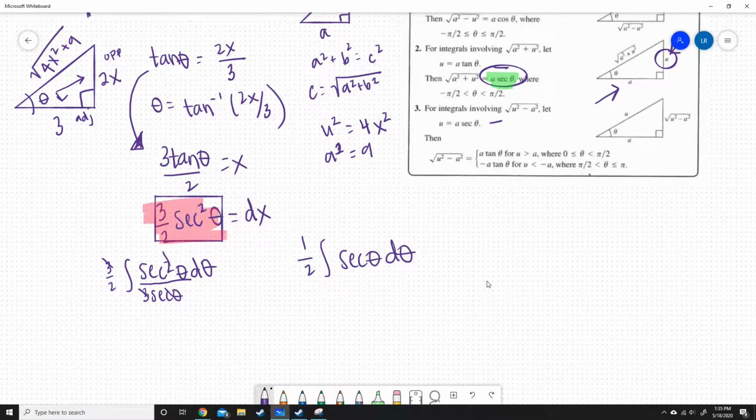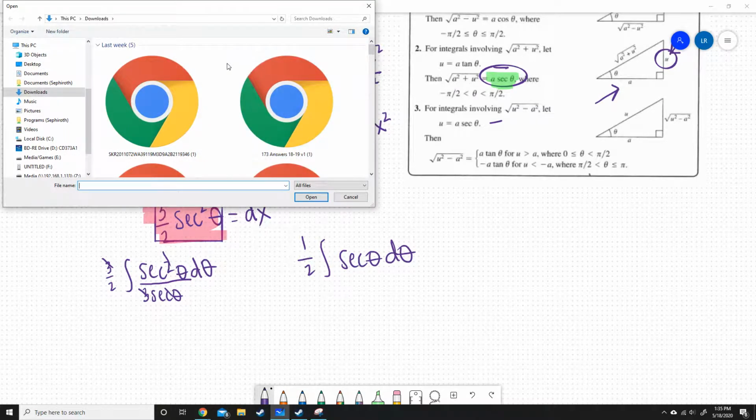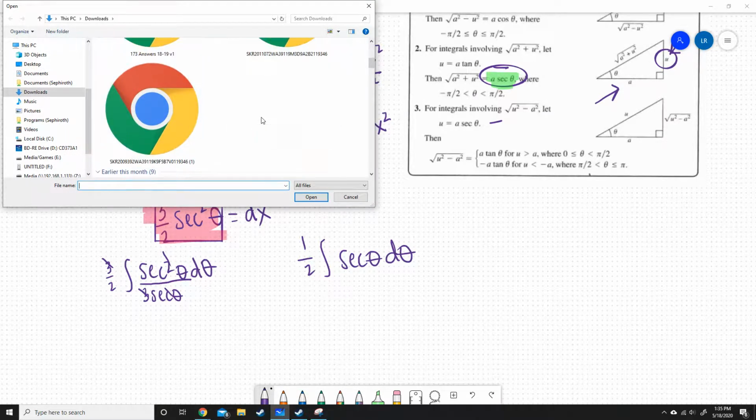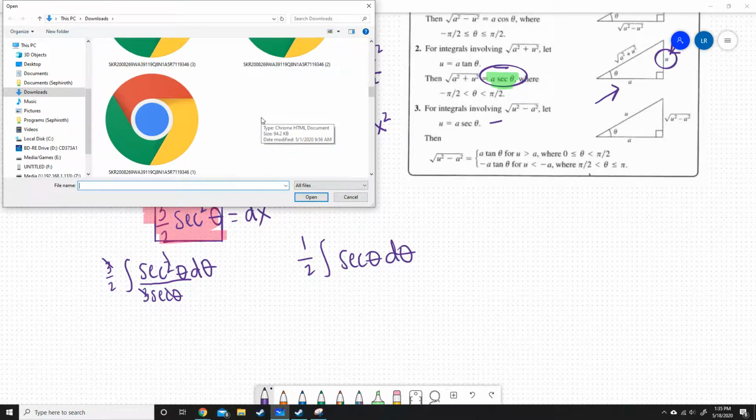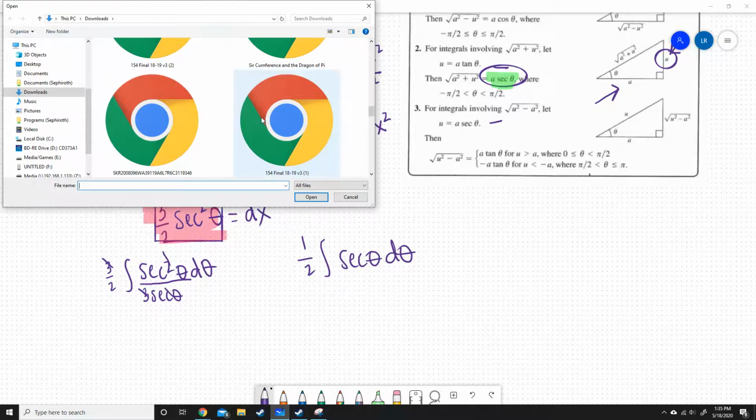Now I just need to figure out what the integral of secant of theta d theta is. Let's see if we can pull up our basic integration rules, because I'm pretty sure that is a part of our basic integration rules. Tell me if you see it.